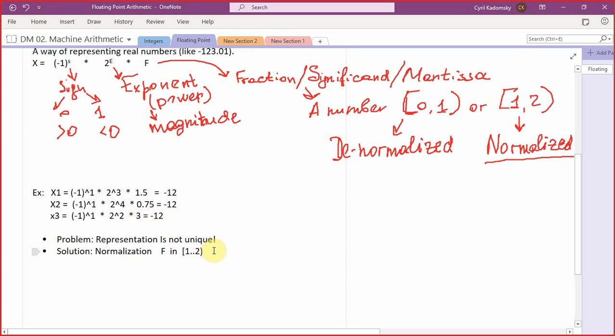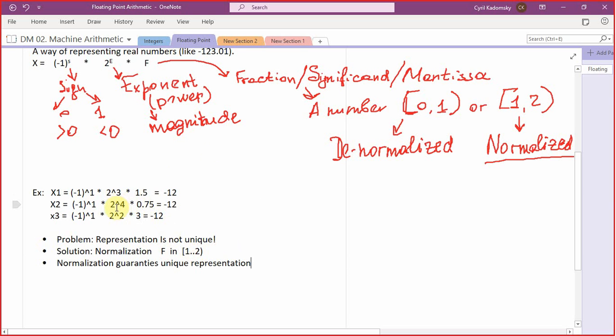And actually this normalization guarantees unique representation. Okay, and finally let's consider why it really guarantees a unique representation.